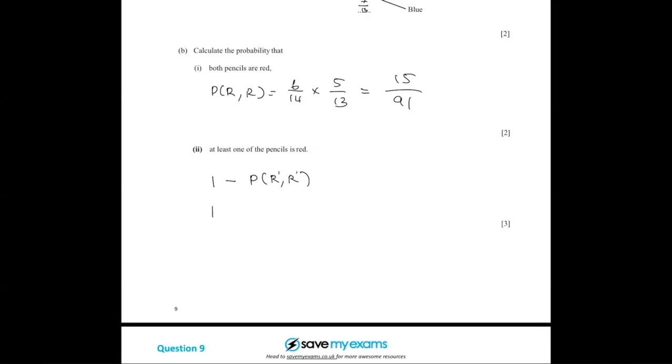So generally just 1 minus probability of blue, then blue. 1 minus 8/14 multiplied by 7/13. 1 minus 4/13.